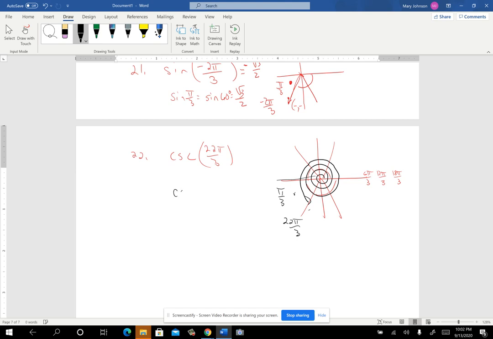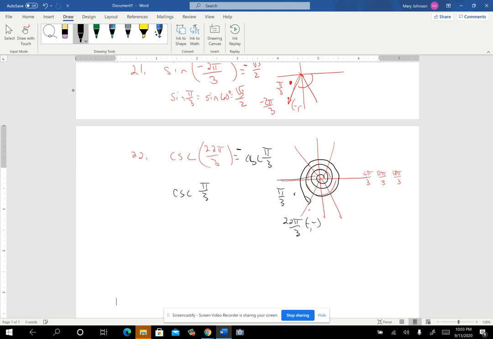So if I knew the cosecant of pi over 3, I would just adjust and put a negative on it to get the cosecant of 22 pi over 3. I know this would be negative since cosecant is related to the sine, and if I'm in that quadrant, both coordinates are negative.